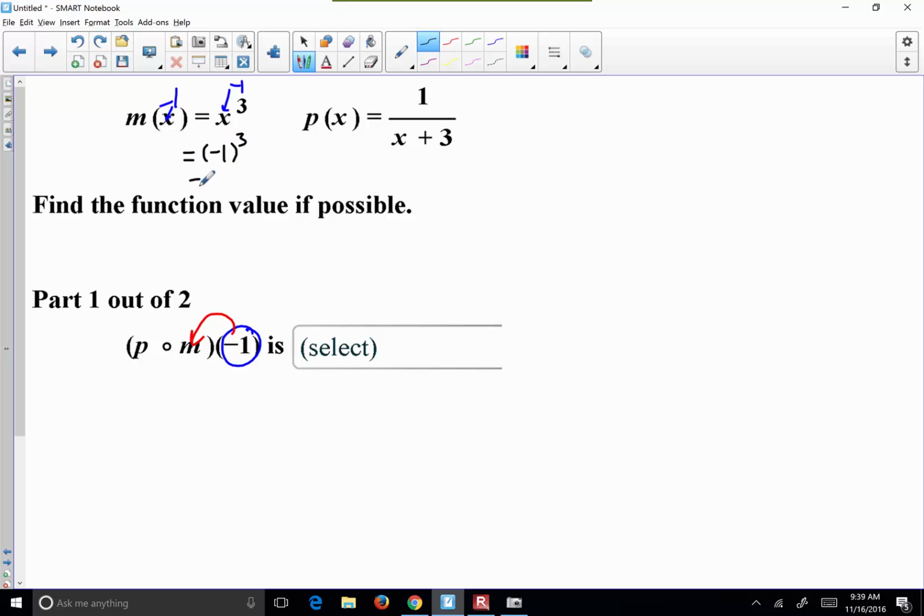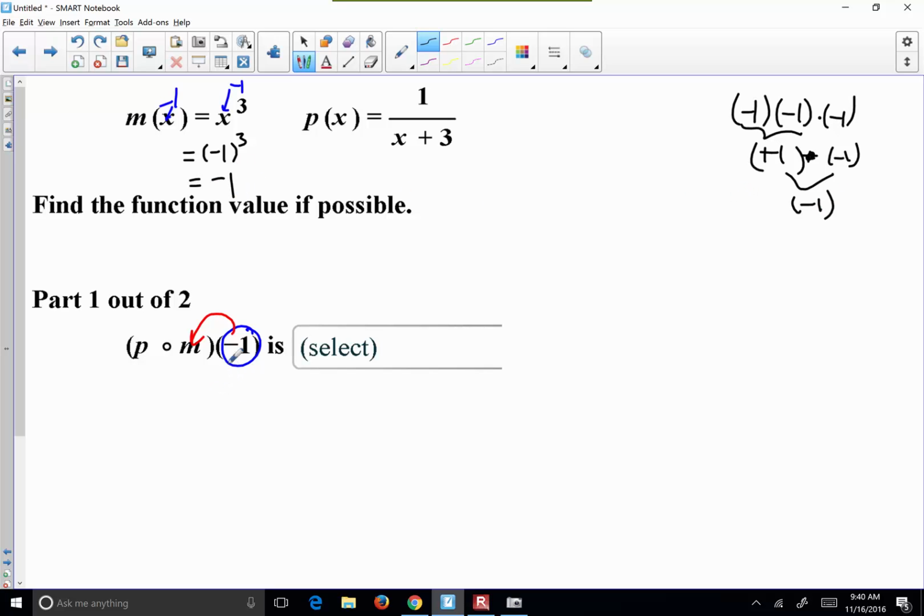What do you get? -1 cubed is -1 times -1 times -1. What is -1 times -1 times -1? First two makes +1, and then you multiply again, makes -1 as well, right?